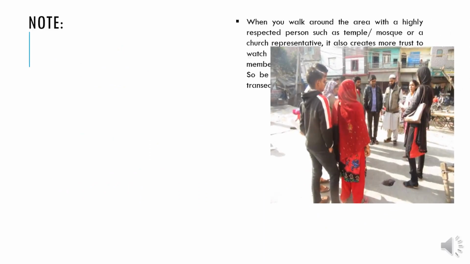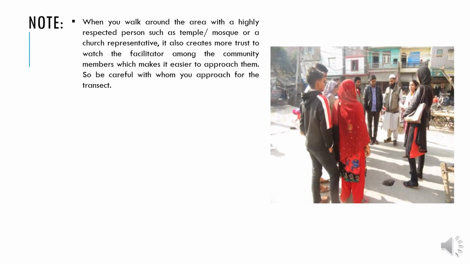Kindly note, when you walk around the area with a highly respected person, such as a temple, mosque, or church representative, it also creates more trust toward the facilitator among the community members, which makes it easier to approach them. So be careful with whom you approach for the transect.